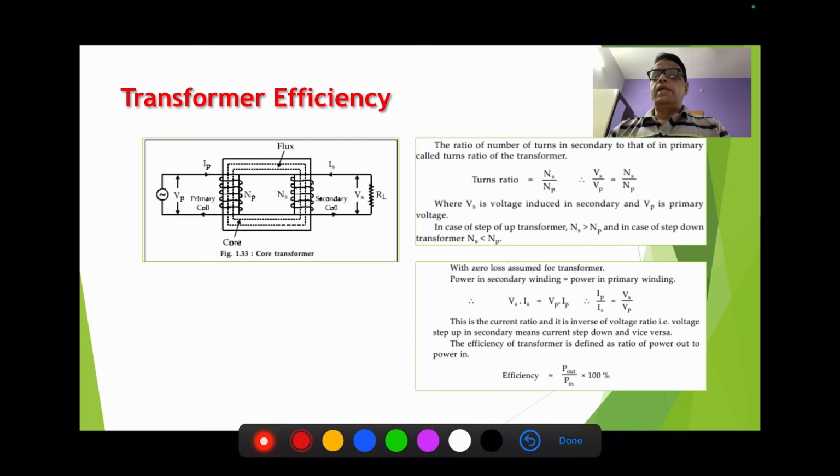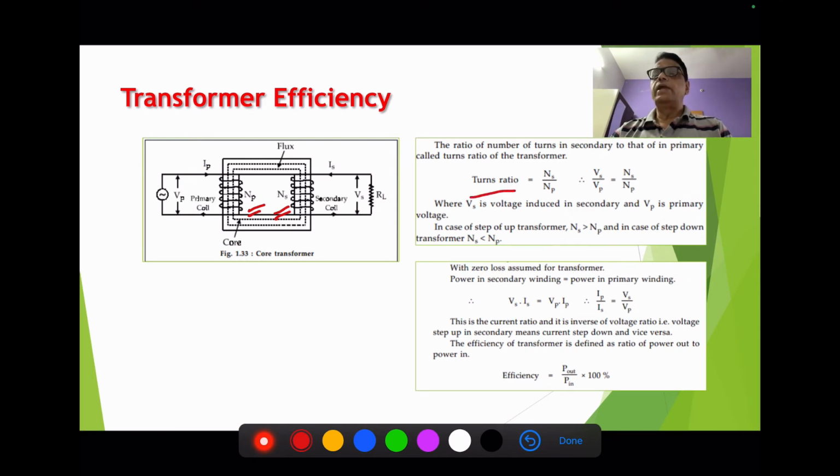So it is possible to calculate the energy being transferred, and we can calculate the efficiency of the transformer. Suppose we have a primary coil with the number of turns Np, and a secondary coil with the number of turns Ns. Suppose a voltage is applied to the primary coil and a voltage gets induced in the secondary coil.